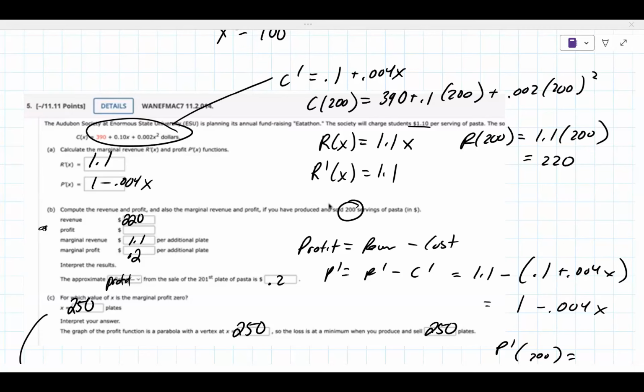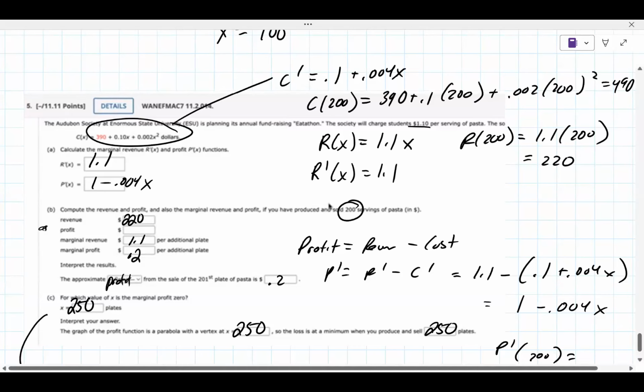Some of these numbers aren't looking the way I want. I got 490. Yeah, that's what I got as well.